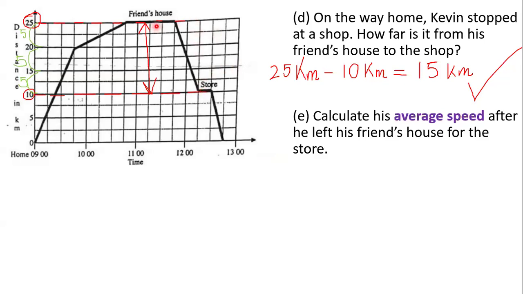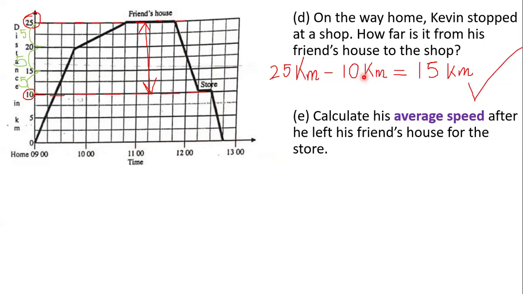This is his friend's house right there. You can't use this line. This line is his home. If we come back here, this is his house, the back to the base. This is not his friend's house. All we did is subtract the 2.